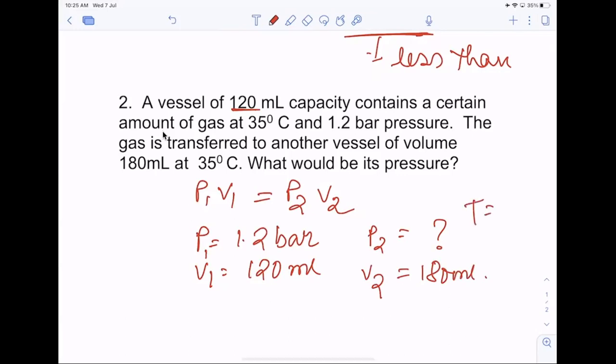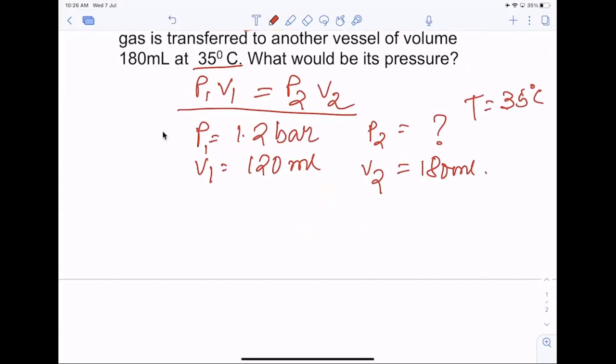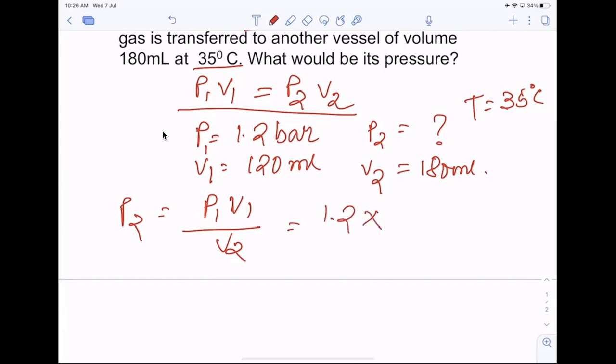Here temperature is constant. In both the cases, temperature is given as 35 degrees centigrade. So obviously we can easily put the values in this formula. We have to calculate P2. P2 will be P1 V1 by V2, so it will be 1.2 into 120 divided by 180.